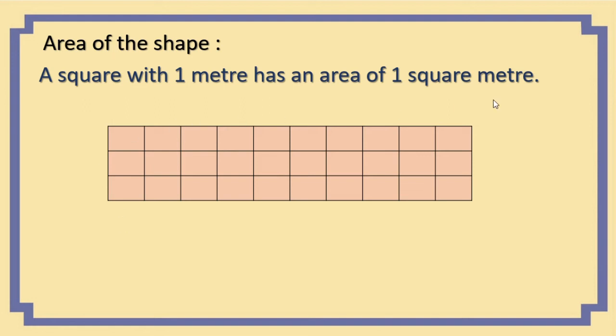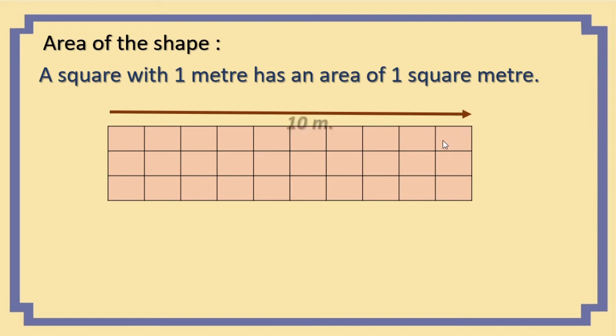Now you can see here one more shape with so many squares. Try to calculate the area of this figure. Yes, dear children. Okay, here we will count the length of this by using the squares. 1, 2, 3, 4, 5, 6, 7, 8, 9, 10.